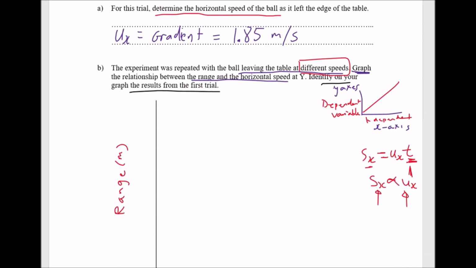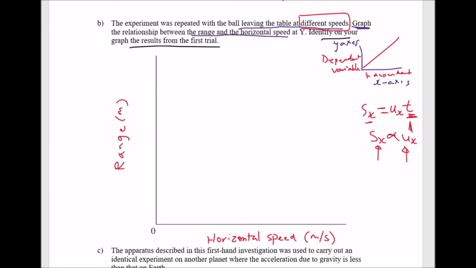So if I just quickly do a little random graph here, I go up by 0.2, 0.4, 0.6, 0.8, and then 1.0. And then along this line we go 0.5.